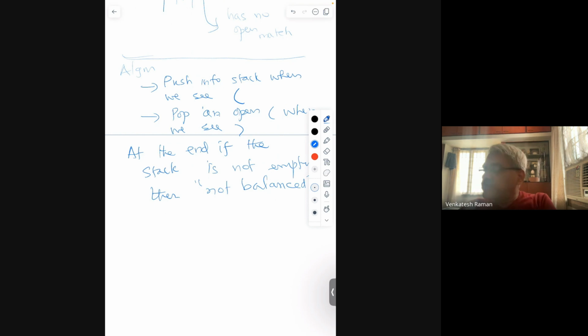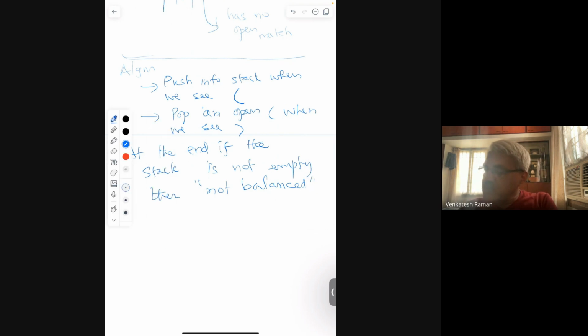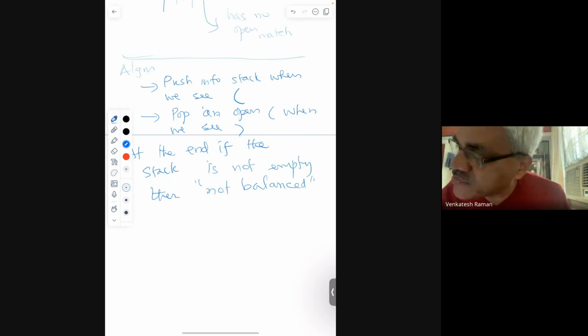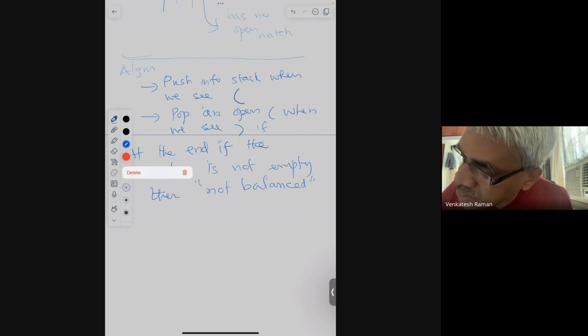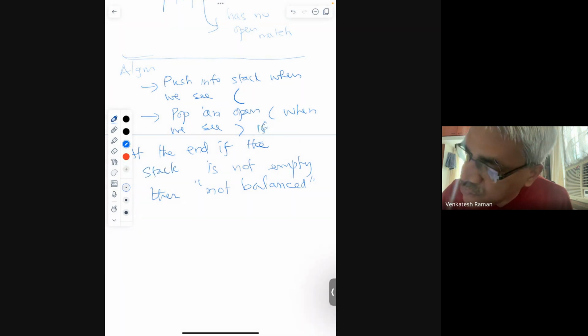Then you have a problem. So that's also a situation where it's not balanced. So push into stack when we see open, pop an open when we see closed, and at this point, if stack is empty, then you report not balanced. Even at this point.